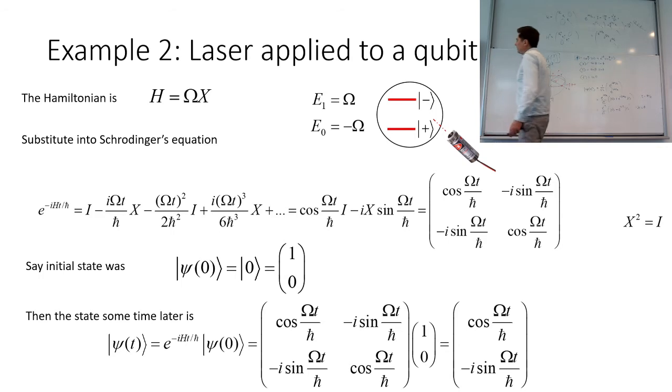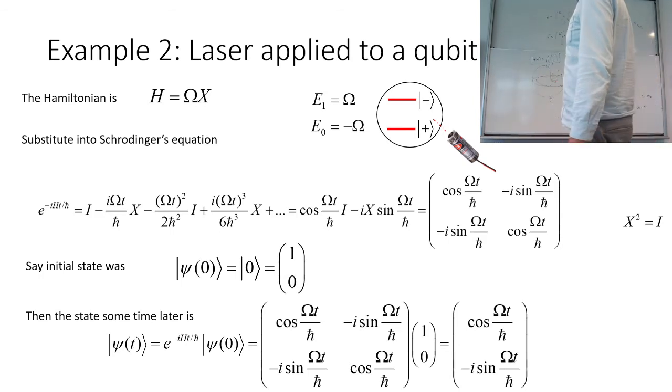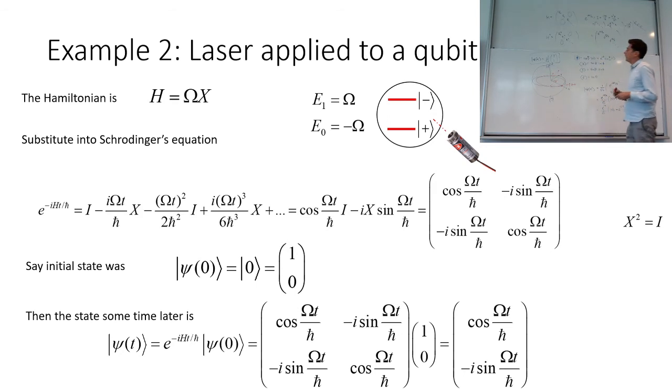So this is where we need to use some mathematical tricks to evaluate the matrix exponential, because now the Hamiltonian is not just a diagonal matrix. X is the x operator, which is the same as this x, by the way. The x operator is some off-diagonal operator.